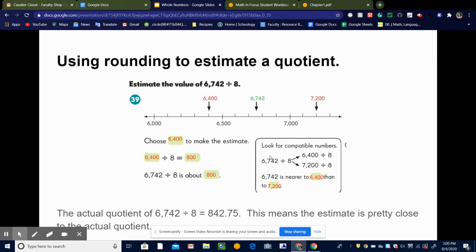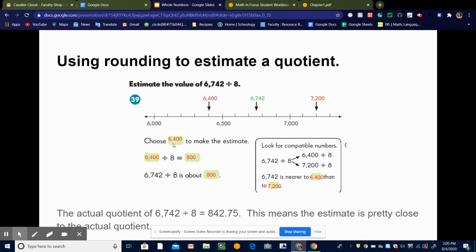When you try to choose which one to use, you just choose the one that it's closer to. So in this case, 6,742 is closer to 6,400. So I'm going to use 6,400 just to get a better estimate.